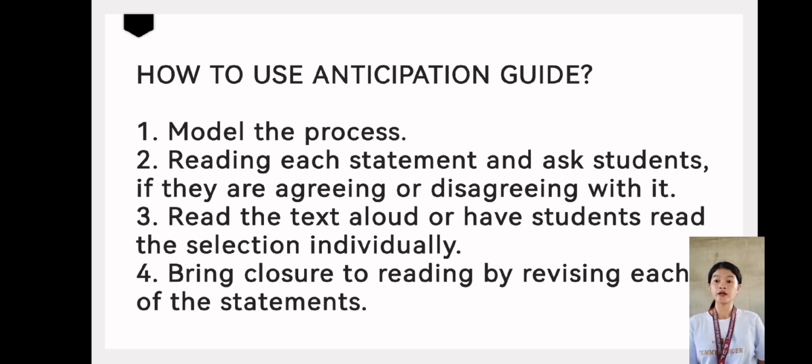Next is to bring closure to reading by revising each of the statements. As a teacher, you need to make sure that the students will see the changes before and after they read or after you read the story.